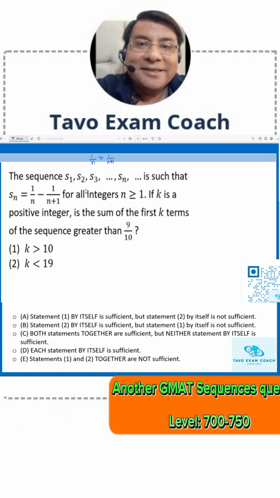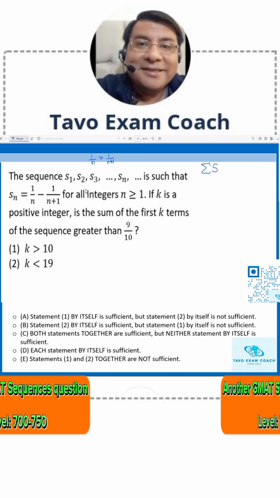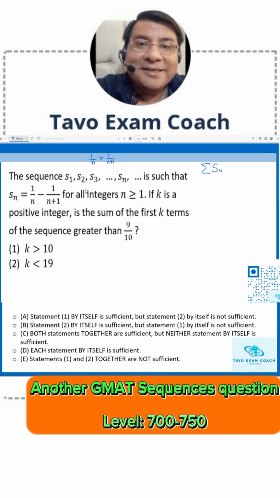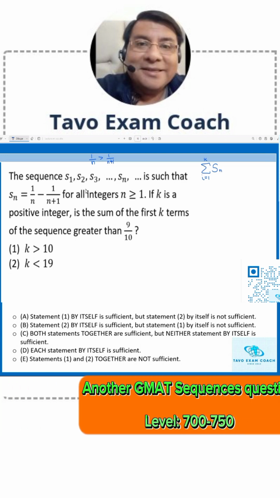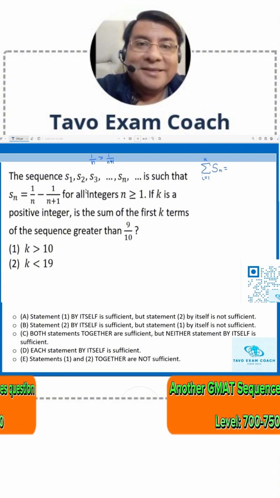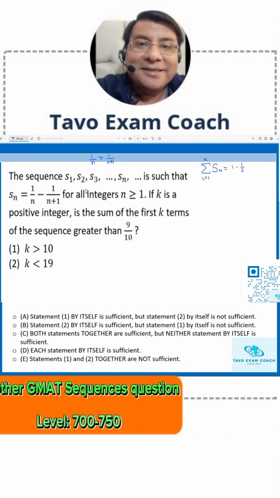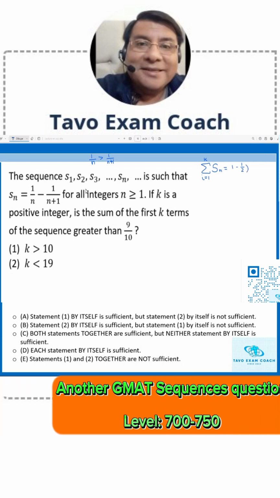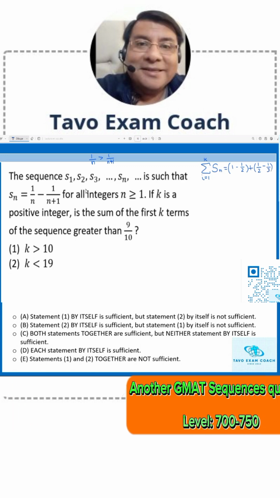Now, can we find a shortcut to calculate this sum, the sum of all terms in the sequence S, from the first to the kth term? If you start adding, you will see that the terms have this form. The first term, S1, is 1 over 1 minus 1 over 2. Then the second term, S2, is 1 over 2 minus 1 over 3.